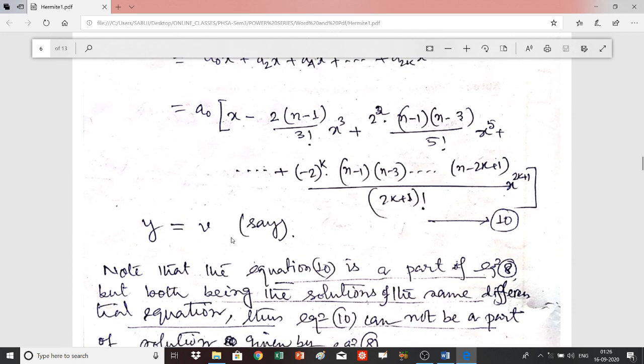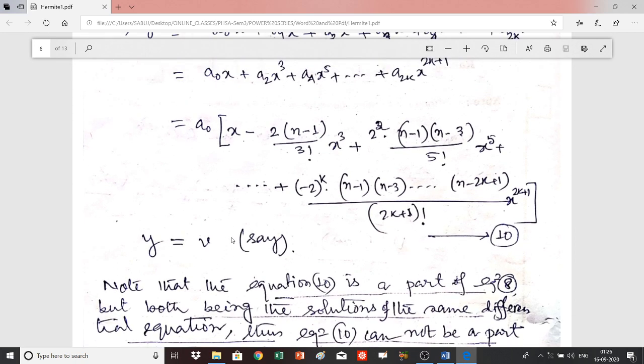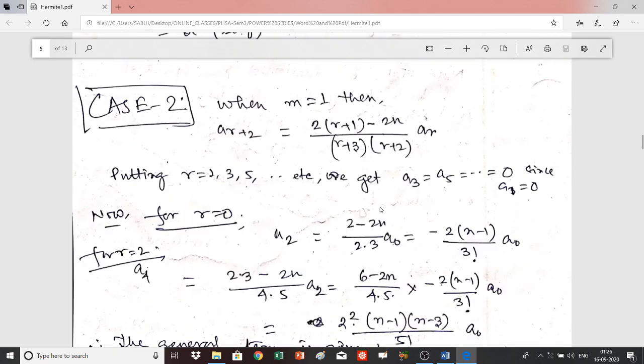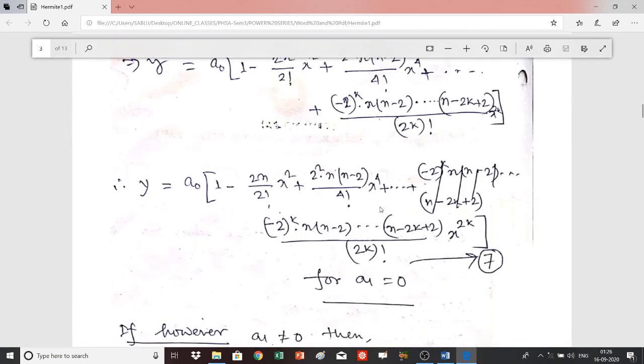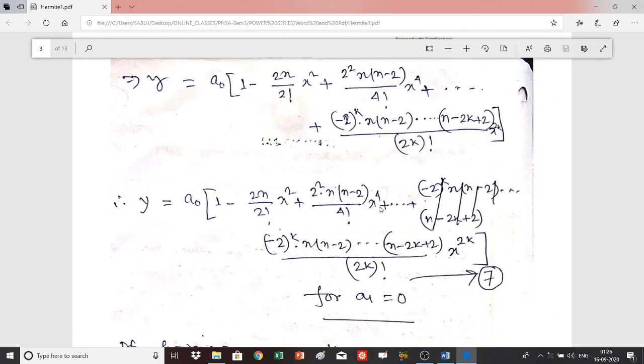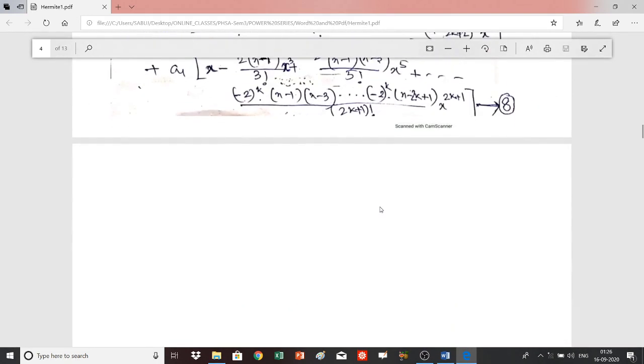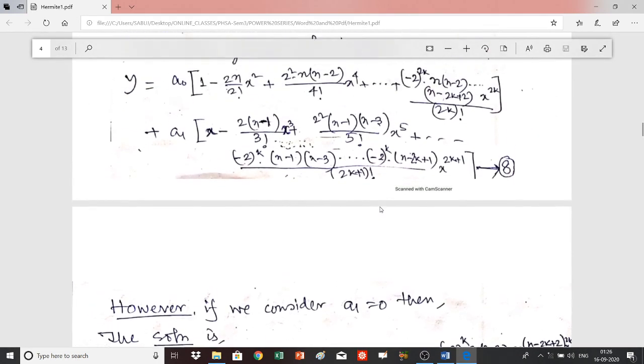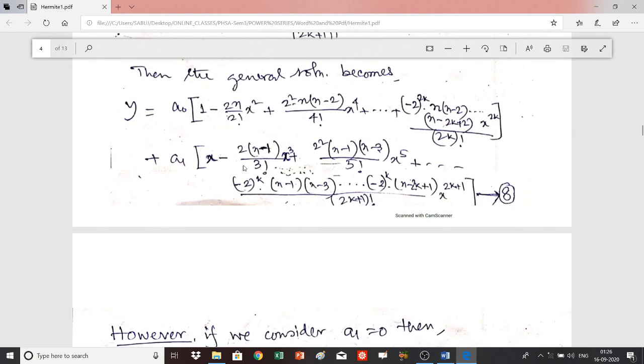Now if you go to the equation, you see that this term is also present in equation 8. Say that for the first case, when a1 is equal to 0 but m is equal to 0, the solution was this.